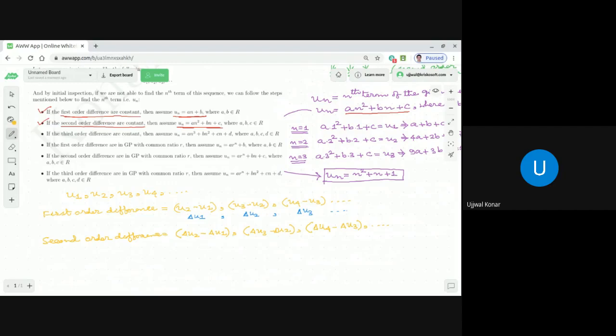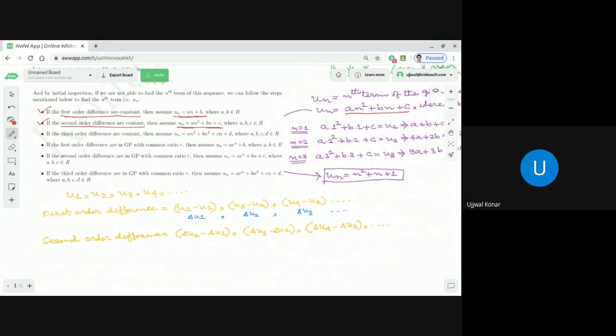Now, if we find that the second order difference is also not constant, then we proceed to the third order difference. And I hope you understand by now what the third order difference is: the difference of the second term of the first order difference from the first term of the second order difference. Correct? So the second order differences we can name delta square u1, delta square u2, delta square u3, like that.